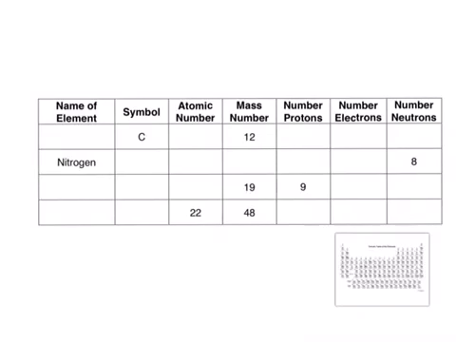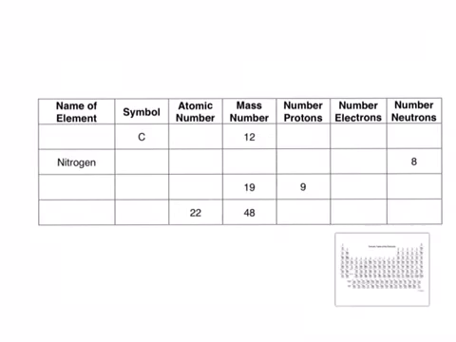So we're going to start with just a table like this, and each row represents one specific atom, and we're going to include the symbol, the atomic number, the mass number, and the number of protons, neutrons, and electrons in that particular element.